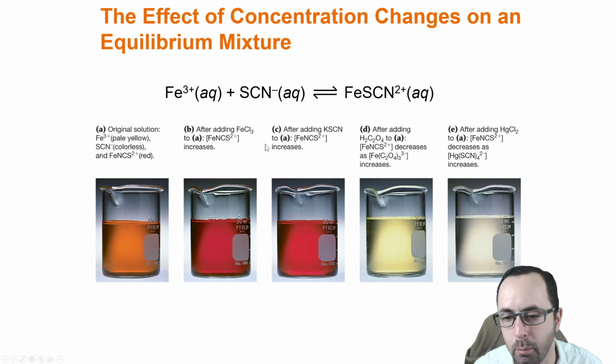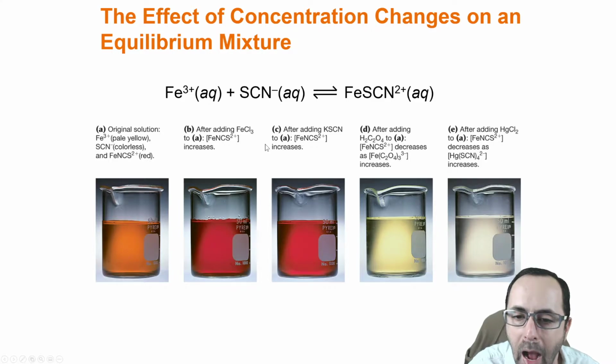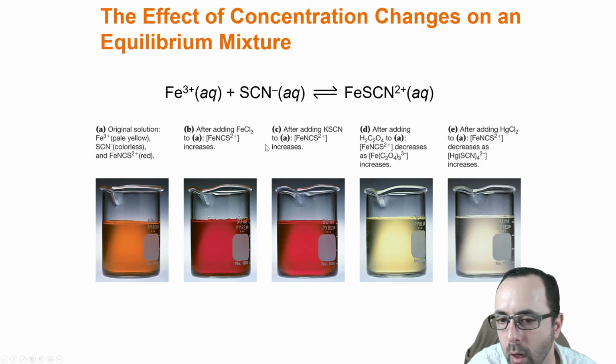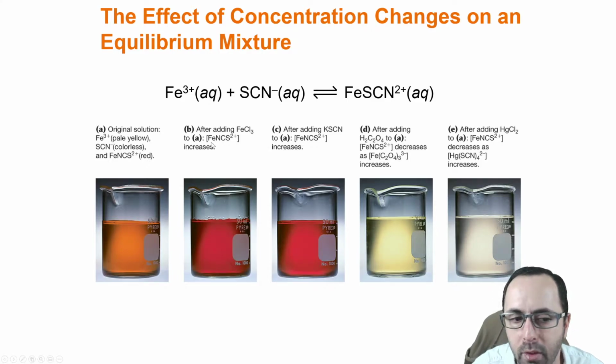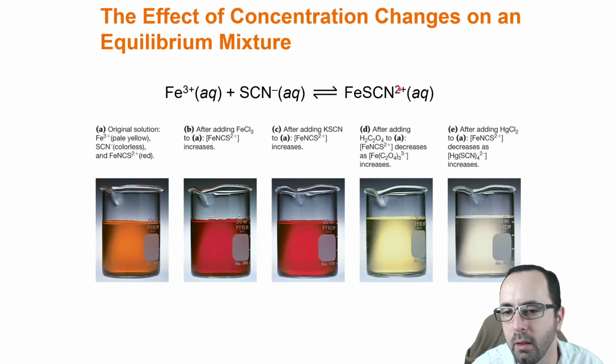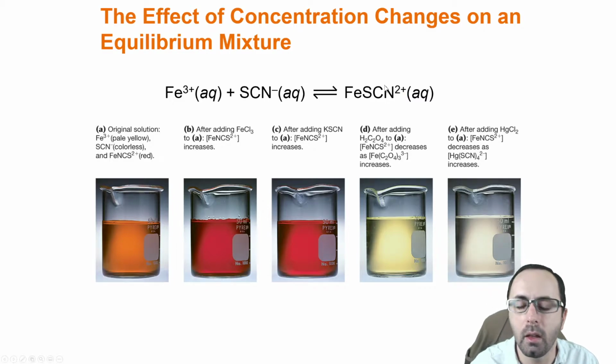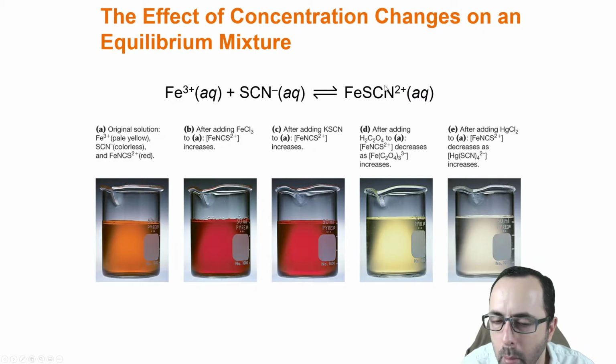Here is another example. This is actually an example from an experiment that you are going to do. You're not going to do it exactly with all these reactants, but many of them you will. So we have a solution at equilibrium: iron ion and thiocyanate ion in equilibrium with this iron thiocyanate polyatomic ion complex. This is what's known as a transition metal complex, and we'll be talking about those in the next chapter.